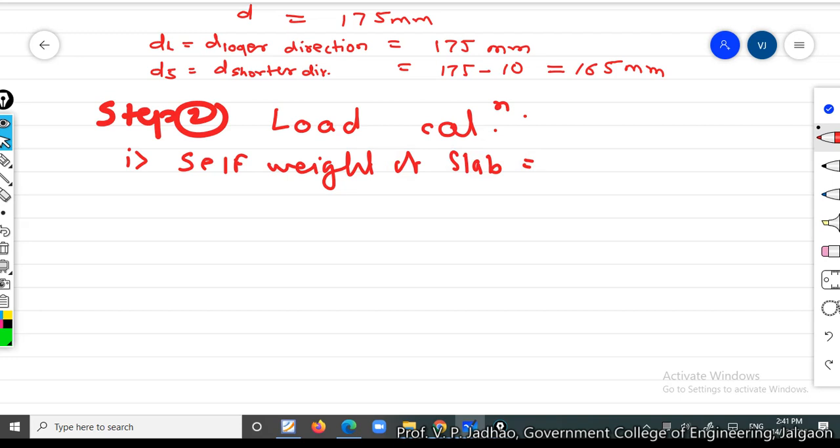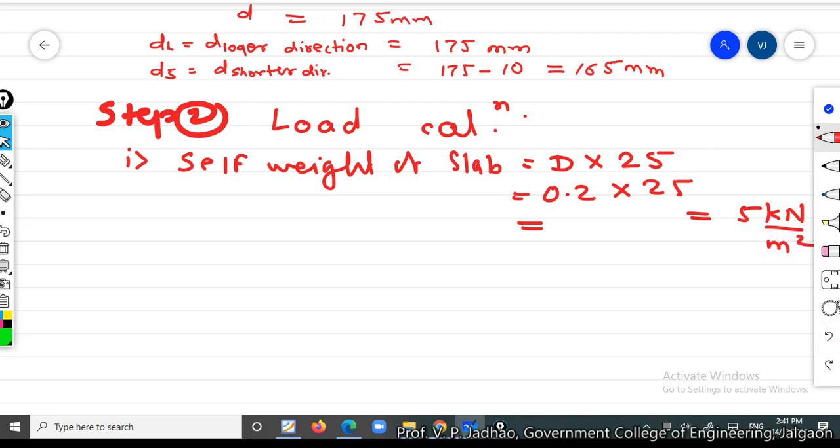Therefore, depth of slab multiplied by weight density of concrete, that is 0.2 multiplied by 25. So self weight comes out to be 5 kilonewton per meter square.